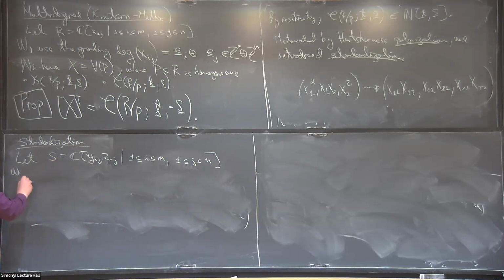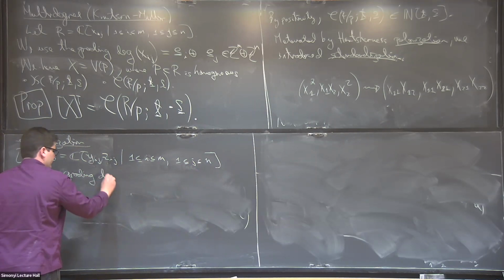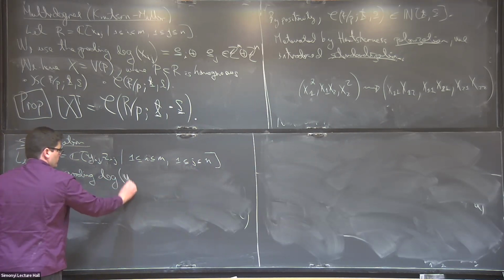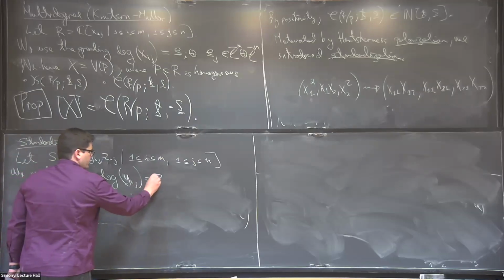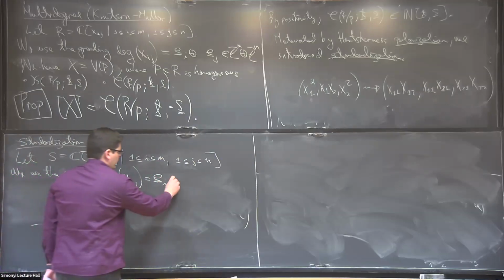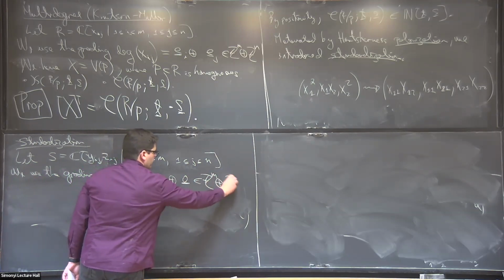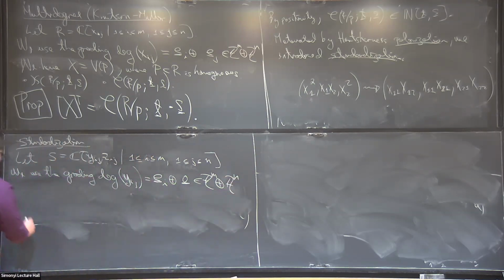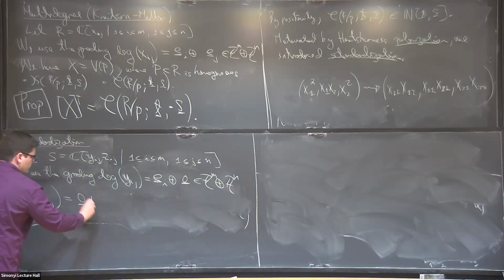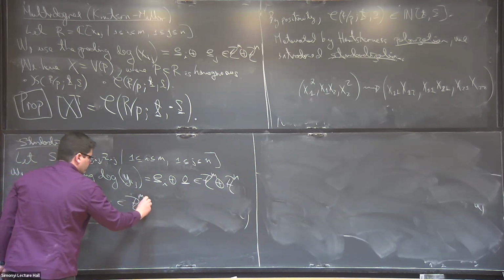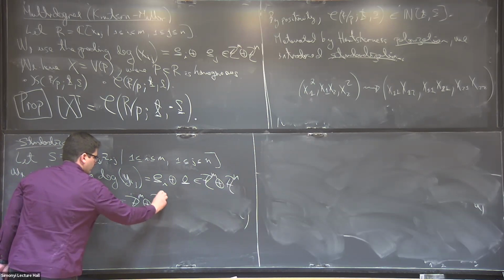In this polynomial ring we use the grading where the degree of Y_ij will be e_i direct sum the zero vector inside C^m ⊕ C^n, and the degree of C_ij will be 0 plus e_j inside C^m ⊕ C^n.